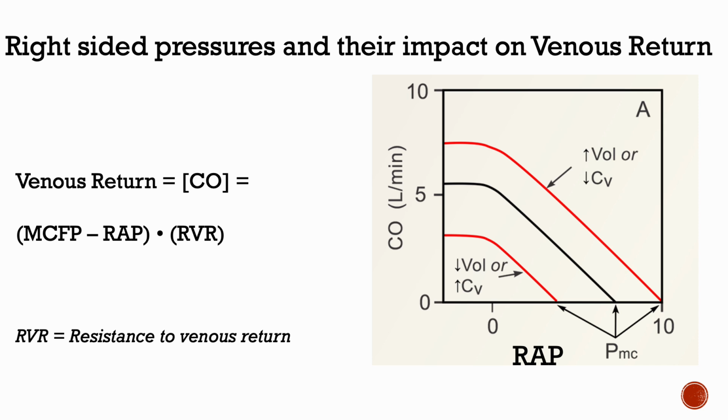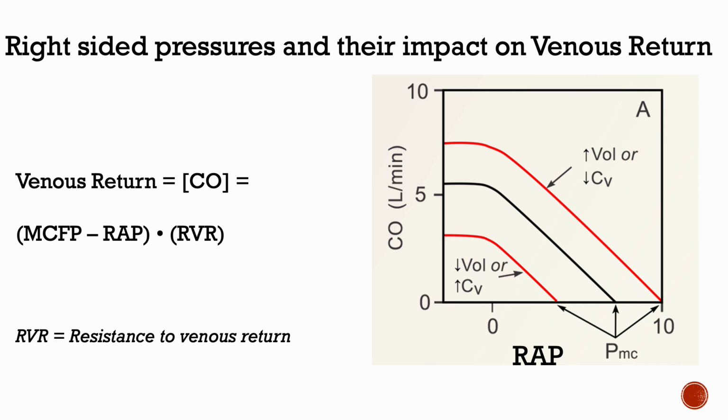This probably reflects somebody who's relatively hypovolemic. This is someone who's pretty well tanked up. And the relationship here is that at a given mean circulatory filling pressure, the lower the right atrial pressure, the more venous return you're going to get, and hence the higher cardiac output you will achieve.